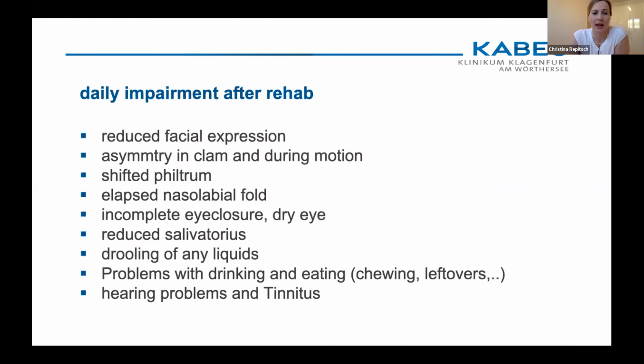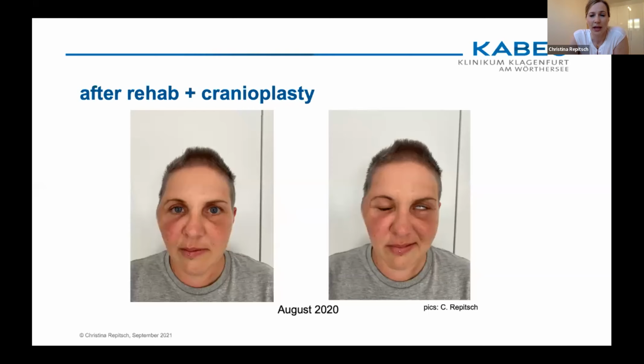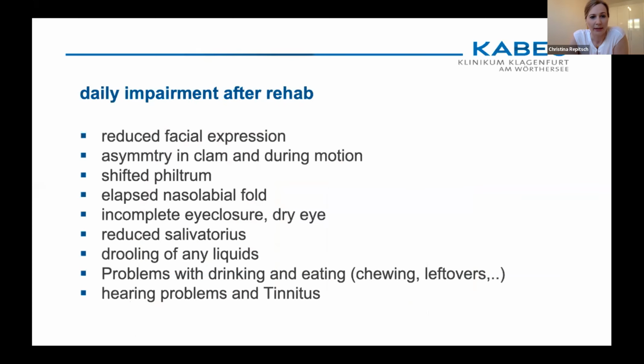She has a reduced facial expression, asymmetry in calm and during motion. She has a shifted philtrum and a flattened nasolabial fold, and she has problems with salivation, and the corner of the mouth is also drooping, and she had problems with drinking and eating.